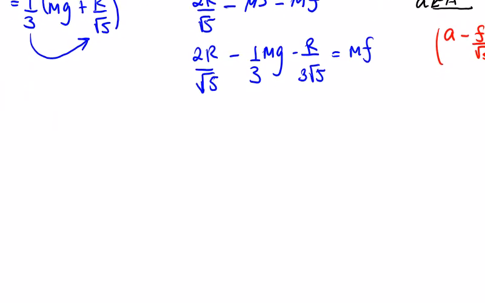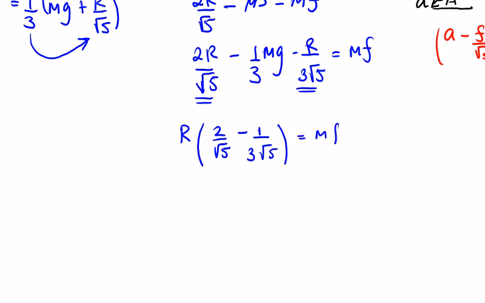Okay, so solve this down for R. Let's put the Rs together. If I factor out my R, which is what I want on its own, I'm going to need 2 over root 5 for the first one, and then minus 1 over 3 root 5 for the second one. That's going to be equal to mf plus a third mg.